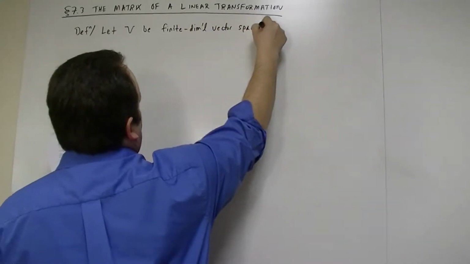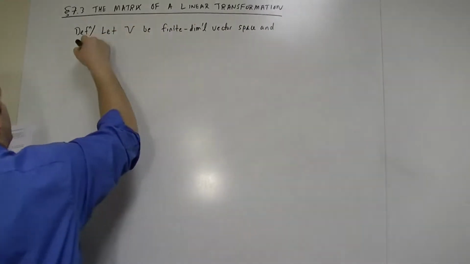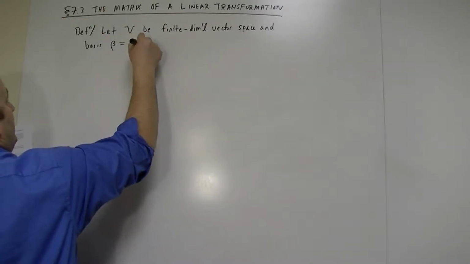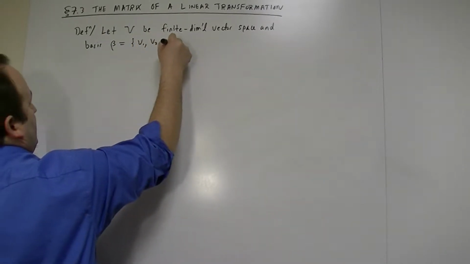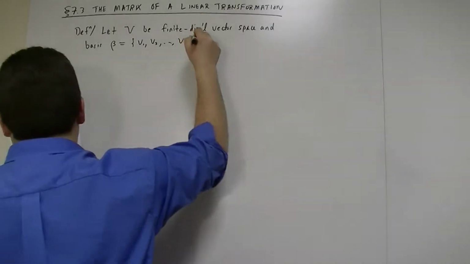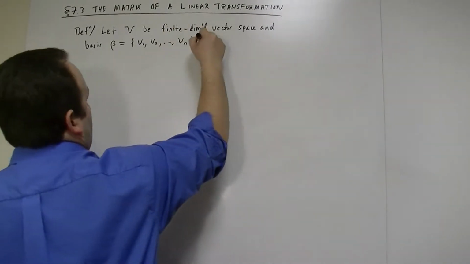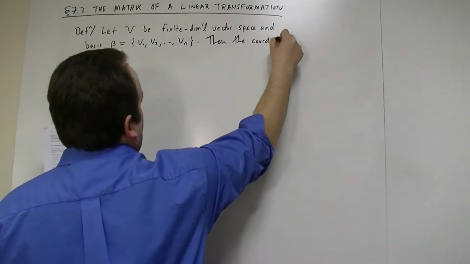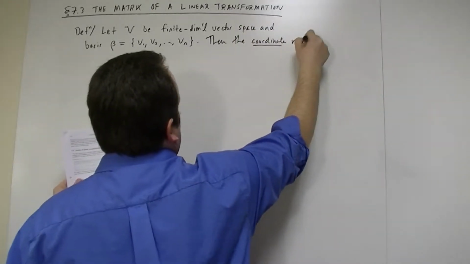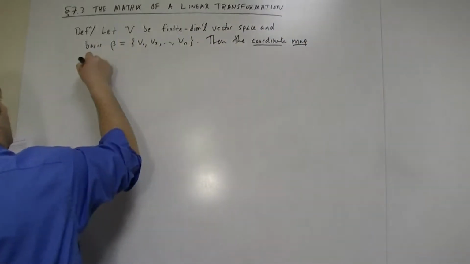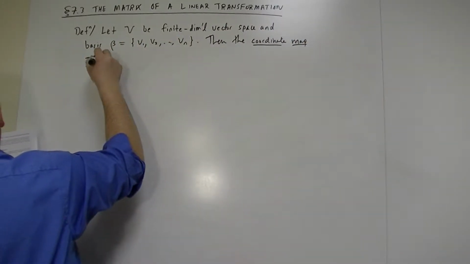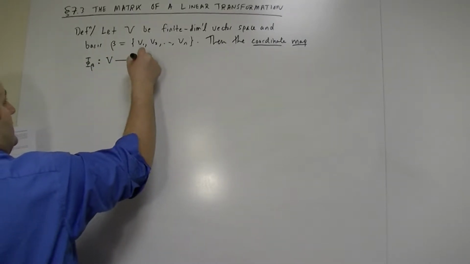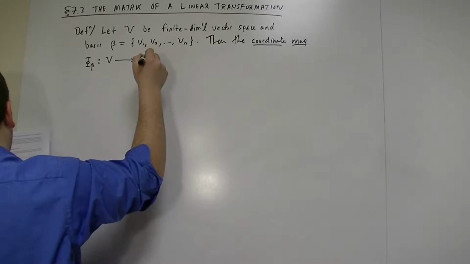All right, with basis beta equal to, let's say, v1, v2, dot dot dot, vn. Then the coordinate map phi beta is a mapping from the vector space V to Rn, since we're dealing with real vector spaces here.